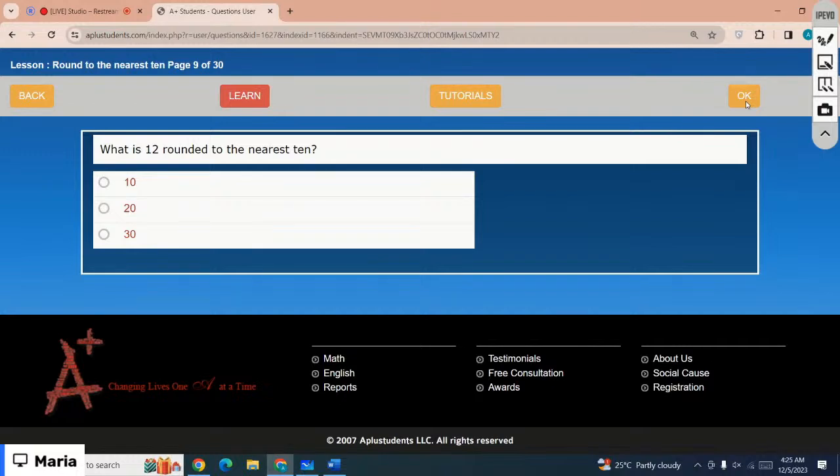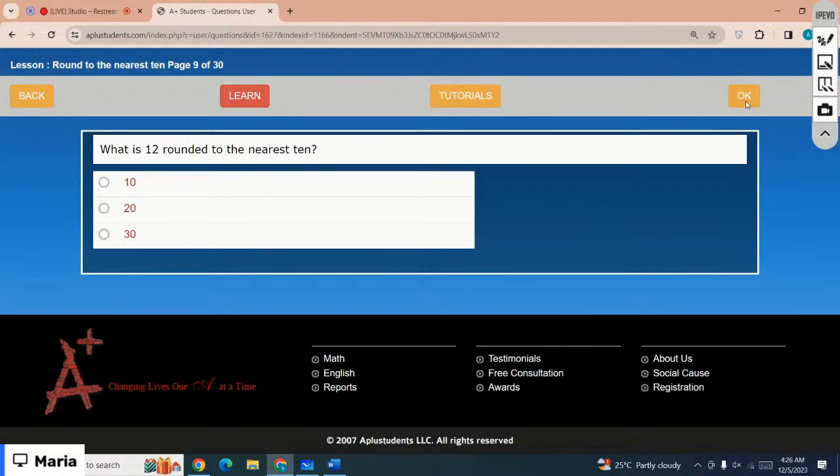Okay, the next one is what is 12 rounded to the nearest 10, which is the correct option? Thank you.